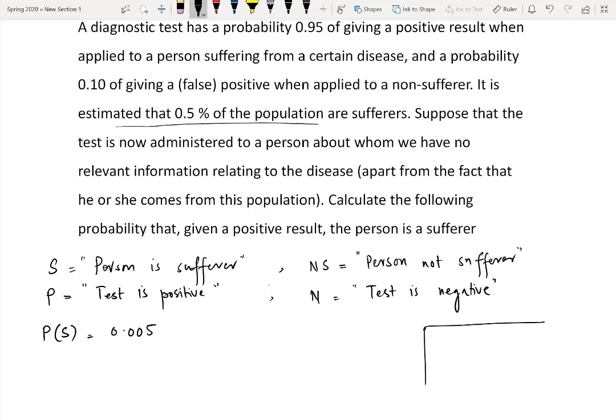If we draw a Venn diagram with S and NS, there is no third possibility. It means these two events are mutually exclusive. If a person is a sufferer, it is not possible that he or she is a non-sufferer at the same time. So both of these events are mutually exclusive, number one. And number two, both of these events constitute the complete sample space.